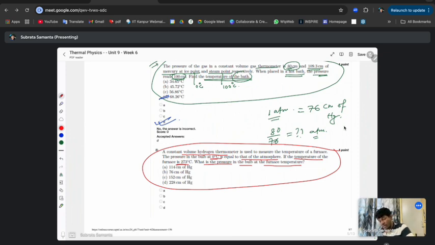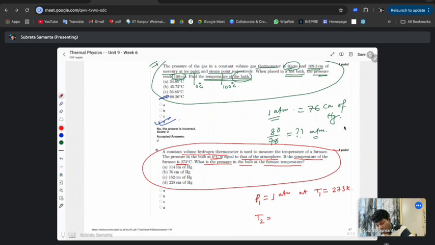So first of all, the pressure P equals 1 atm, so basically atmospheric pressure 1 atm at temperature T, at 0 degree centigrade. So that means 273 Kelvin. And if the temperature of the furnace, so this is T1 and this is P1, T2 is 273 degrees centigrade.